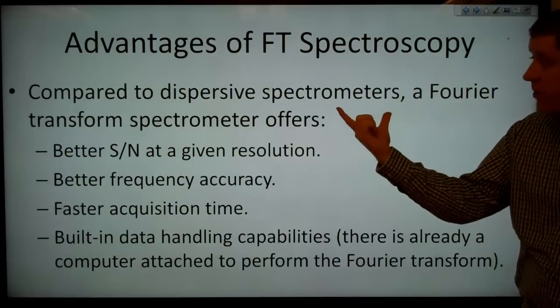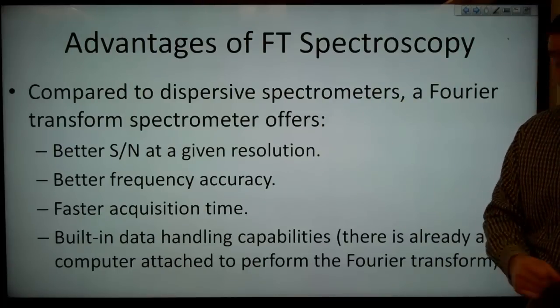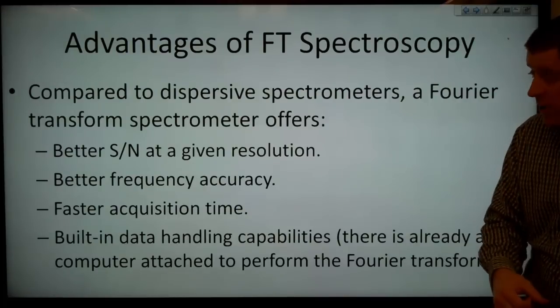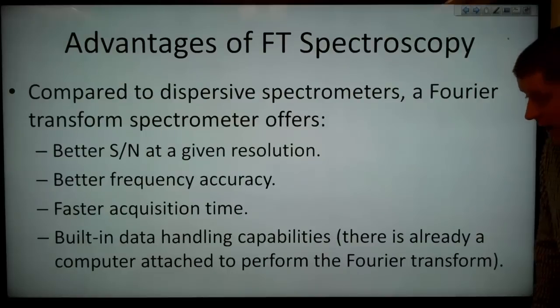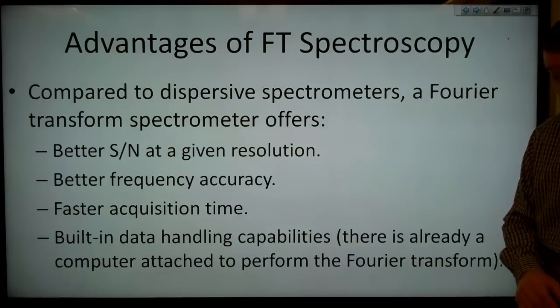So compared to dispersive spectrometers, a Fourier transform spectrometer offers us better signal-to-noise ratio at a given resolution, better frequency accuracy, faster acquisition time, and built-in data handling capabilities because there is already a computer attached to perform our Fourier analysis.